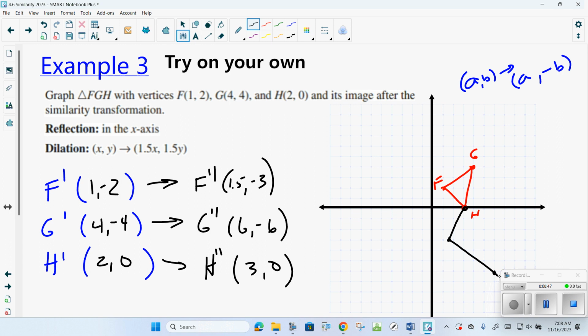And so you'll notice, oh, my original H was wrong. I don't know if any of you noticed that. Oh, apologize there. Let me see if I can fix this quick. So it should have been at 2, 0. Looking at the wrong, there's H. And so 3, 0 makes H double prime.